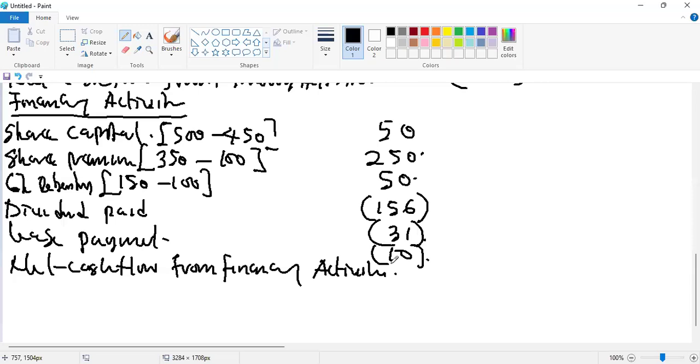Finance cost. The question says the debenture interest was issued in the year. Finance cost is included in the debenture interest. So I will now adjust for it. I will add all the nets.